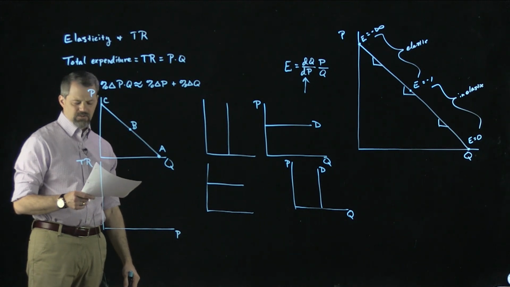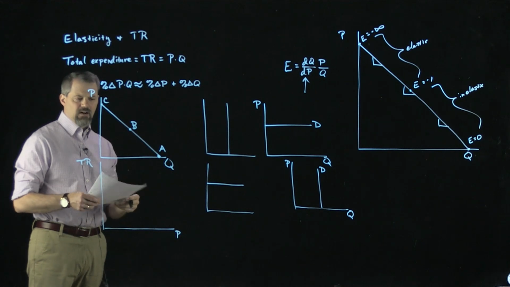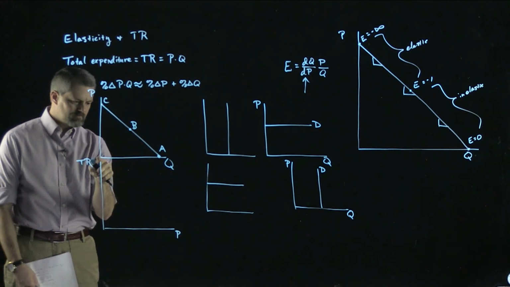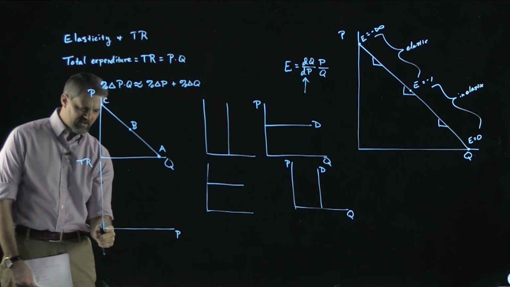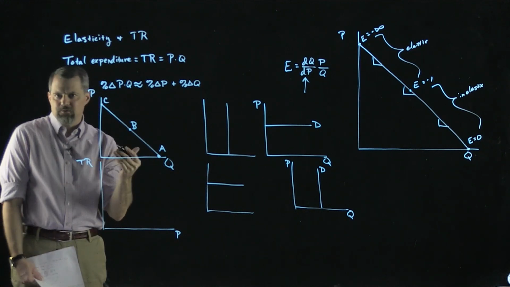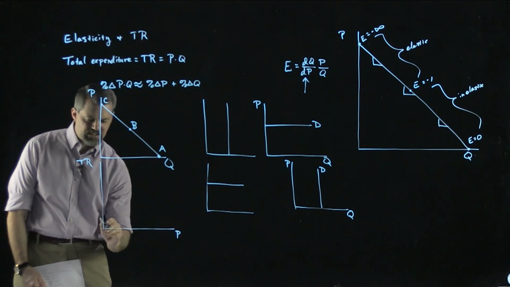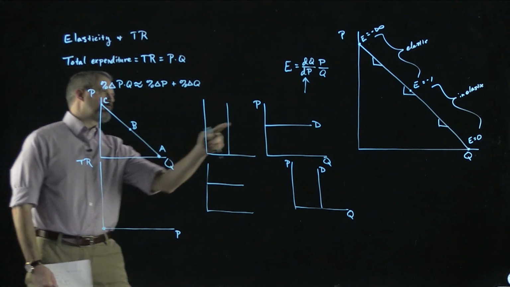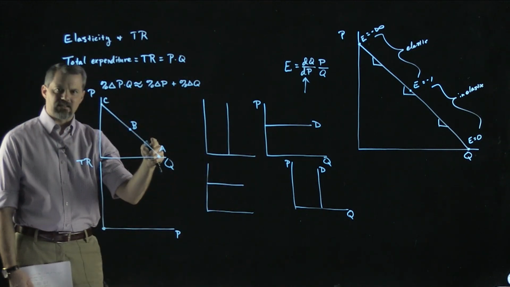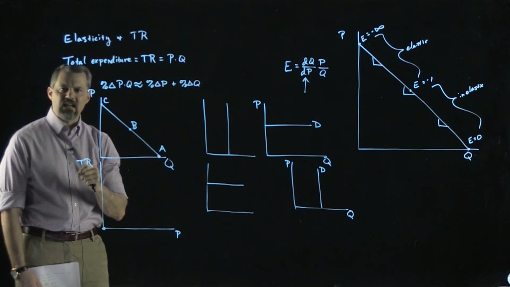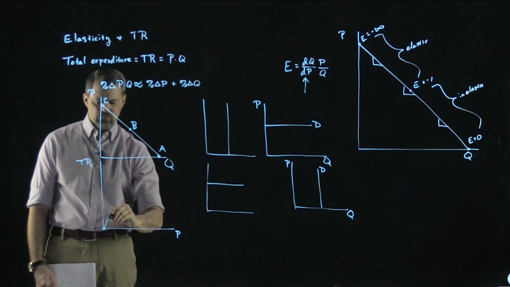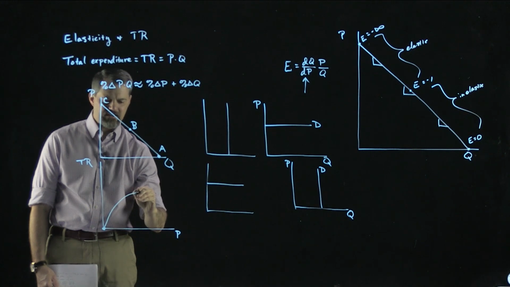Then here's what we can do. We can figure out that if price is all the way down here at 0, total revenue is going to be 0. If you're selling your goods for a price of 0, you're going to get no revenue. As you increase price, remember that demand is inelastic. And when demand is inelastic and you increase price, total revenue goes up. So our total revenue curve is going to look something like this.